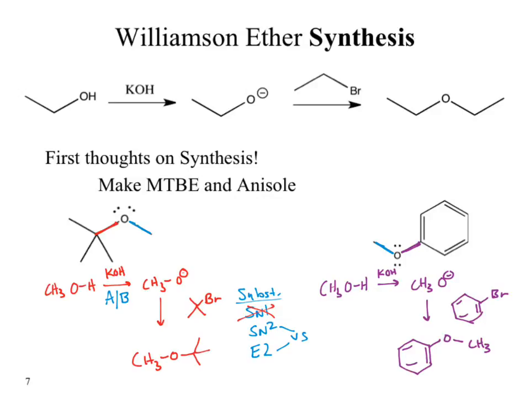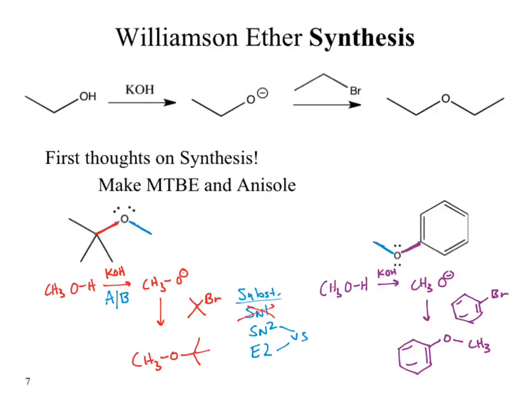SN2 favors which substrate? SN2 is least sterically hindered because it all happens at once, which means we are looking at primary alkyl halides. What's the alkyl halide I'm using? Tertiary. Oops.